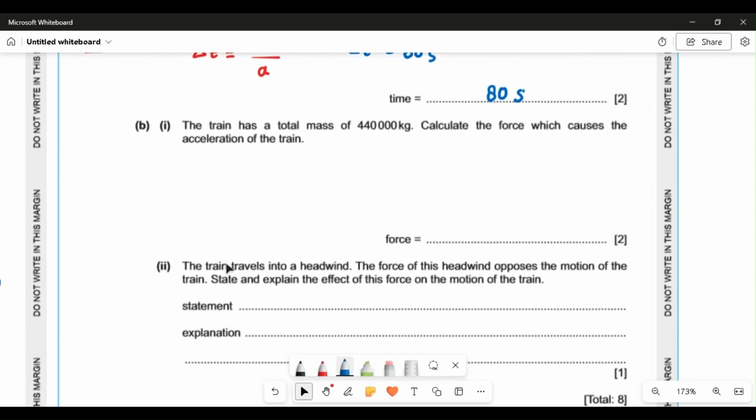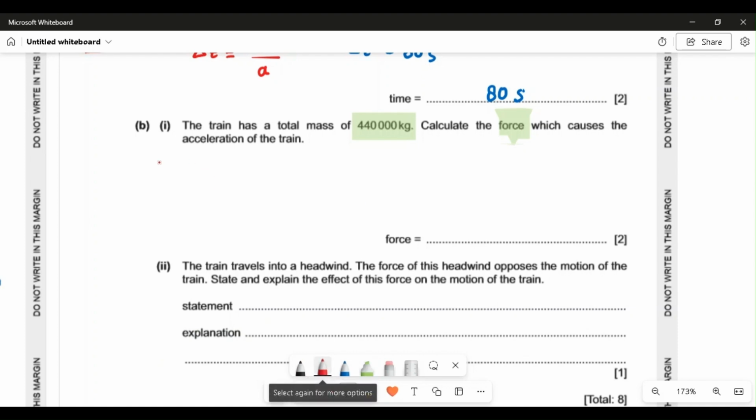The train has a total mass of 440,000 kilogram. Calculate the force that causes the acceleration of the train. According to Newton's second law, force is always equal to mass times the acceleration.